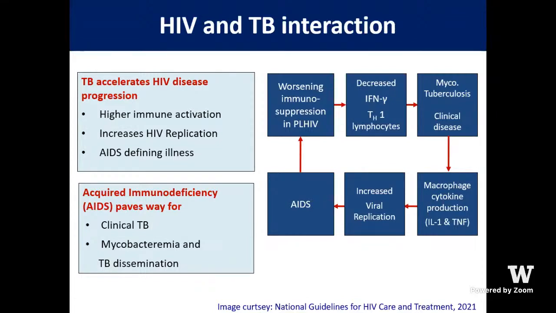They progress faster to full-blown AIDS and succumb. So it is a vicious circle which can be prevented or cut short by our active intervention in both diseases. That is a very important slide, in that both are causing havoc, and we have to arrest that vicious circle. So next slide.